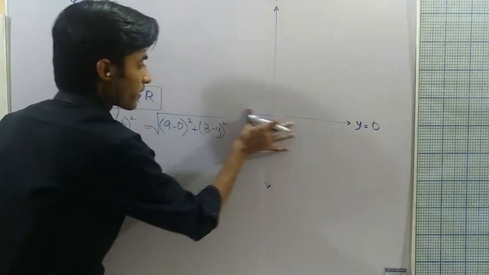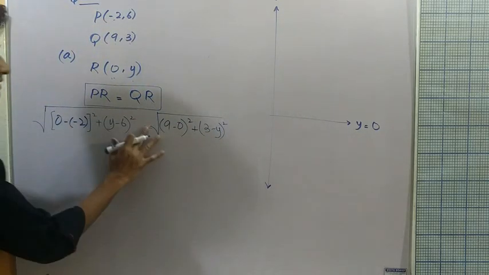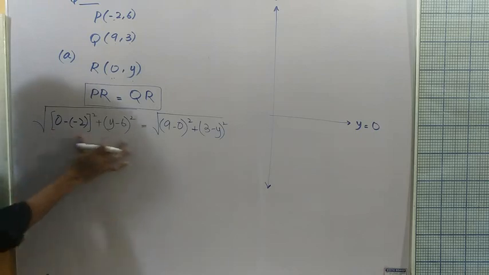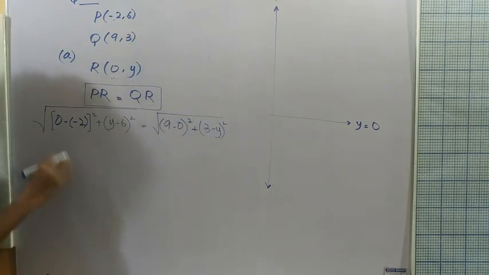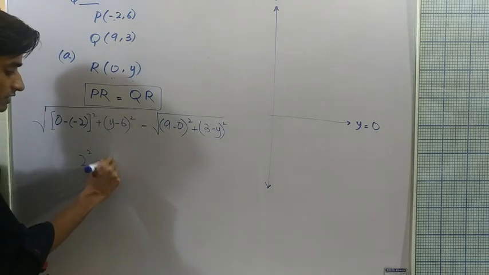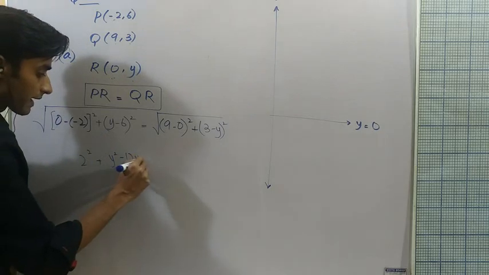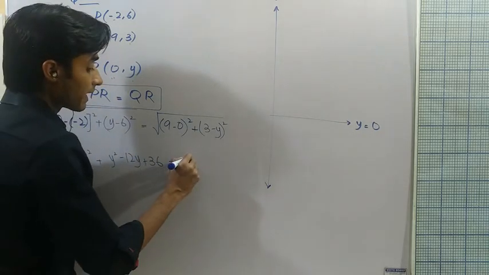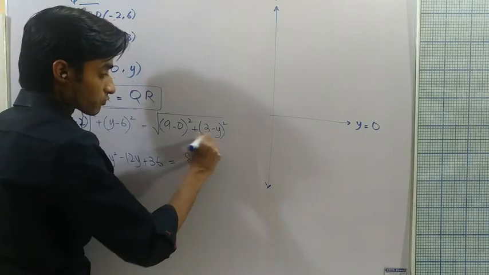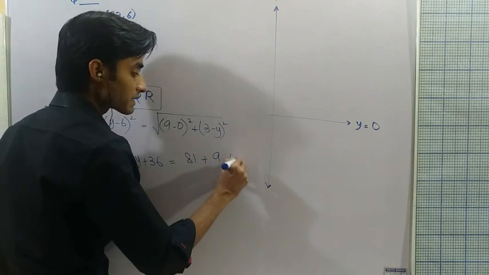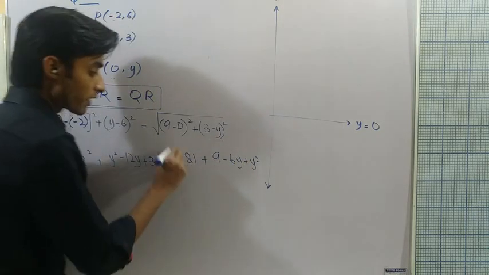In order to get rid of the square root, I square on both sides. When I square on both sides, the squares on both the sides will cancel. I only have this remaining with square root removed. Minus minus becomes plus, 0 plus 2 is 2. So I am left with 2 squared plus y minus 6 squared, which is y squared minus 12y plus 36, is equal to 9 minus 0 squared, which is 9, and 9 squared becomes 81, plus 3 minus y whole squared, which will be expanded using a minus b whole squared: 9 minus 6y plus y squared.